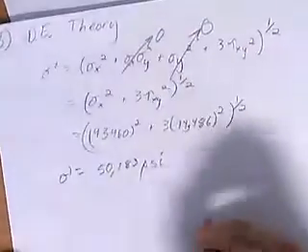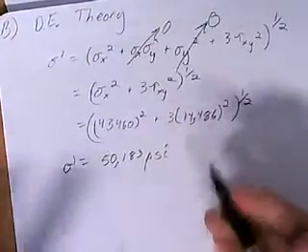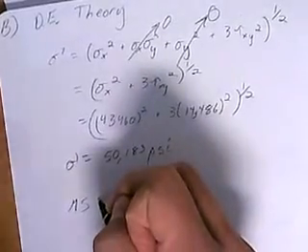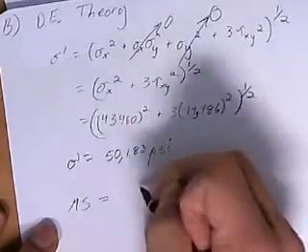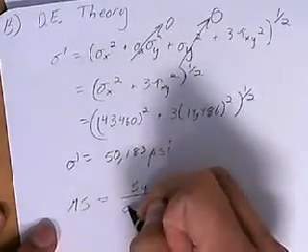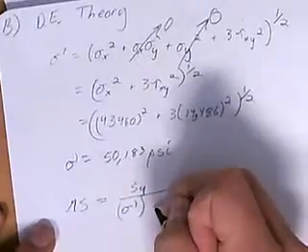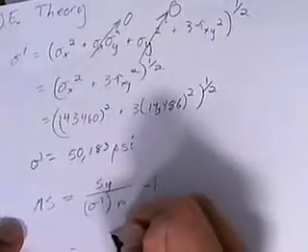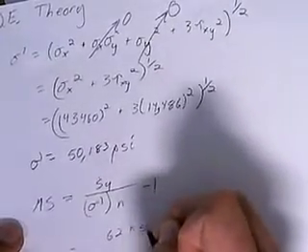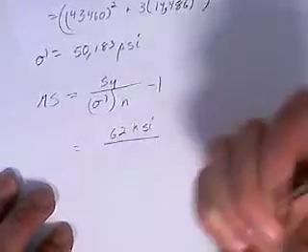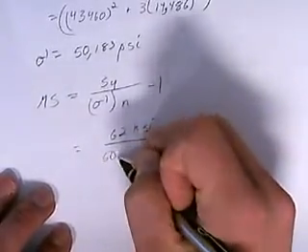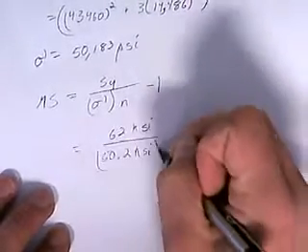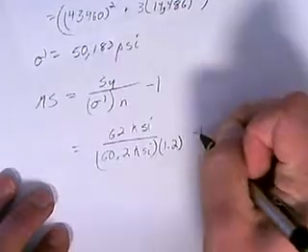So pretty easy. And once again, for DE theory, you use the same kind of a margin of safety formula that we used before, which is equal to Sy all over von Mises stress times n minus 1. So if you calculate that out, you end up with 62 KSI all over 50, rounding up, KSI times the same factor of safety minus 1.